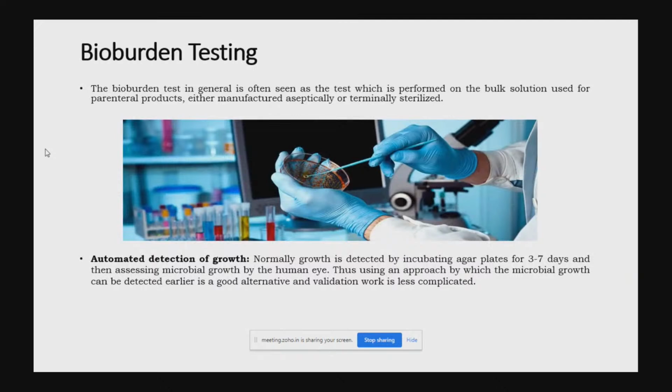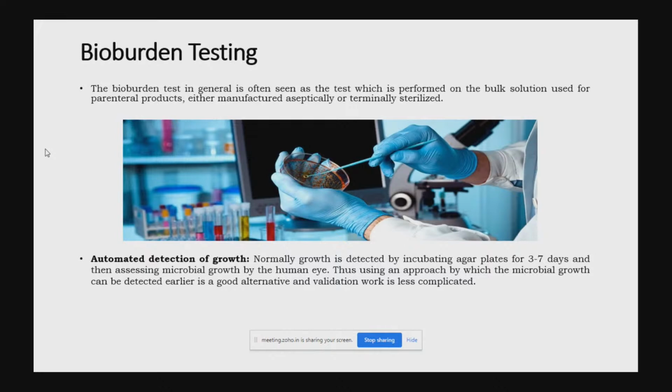So here we explained the microbial limit test. Now another test was there. It's a bioburden test. When the bioburden test is utilized in the pharmaceutical industry, the bioburden test in general is often seen as the test which is performed on the bulk solution used for the parenteral products, either manufactured aseptically or terminally sterilized.